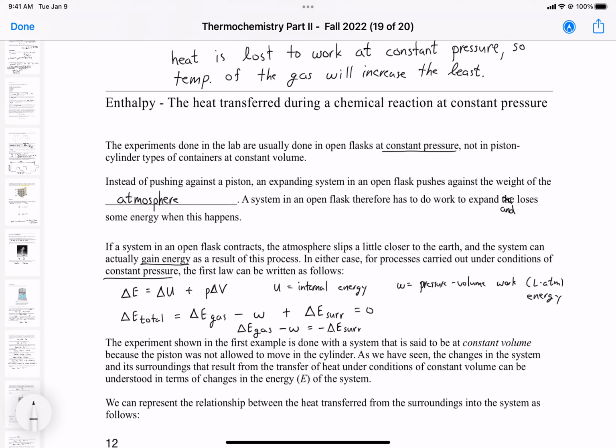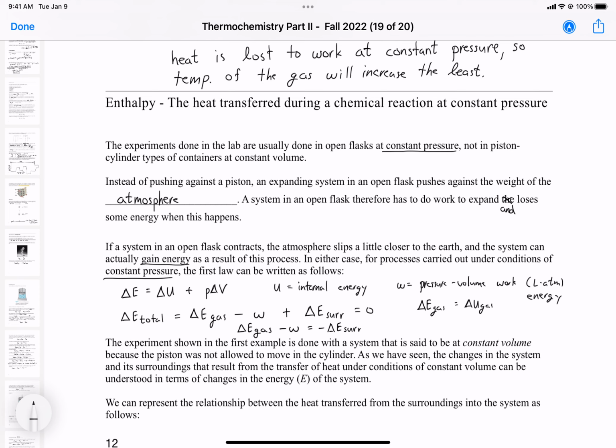Okay, so one thing we should make sense of is that when we say delta E, that means internal energy. So we can say delta E of gas equals delta U of the gas.